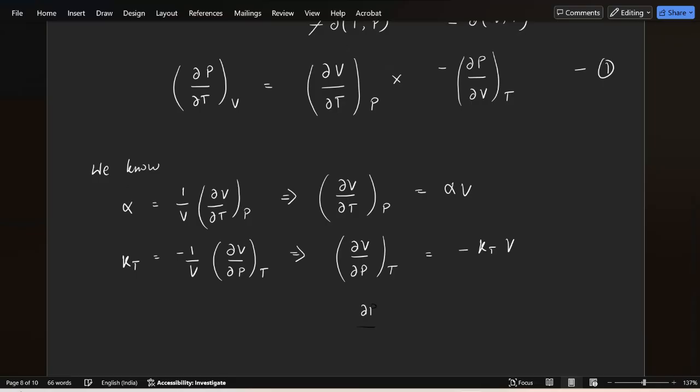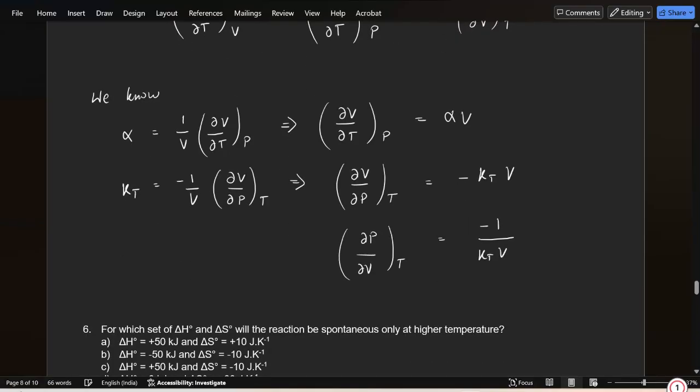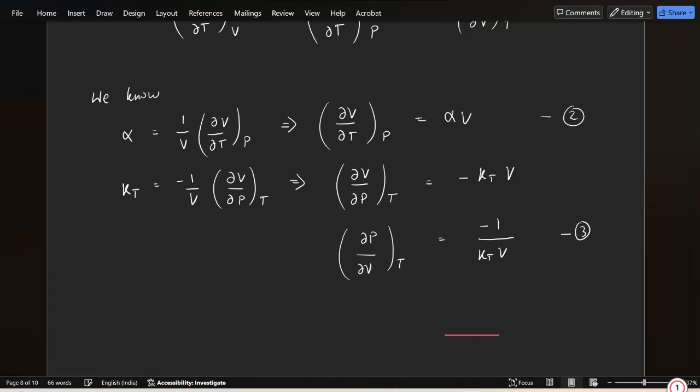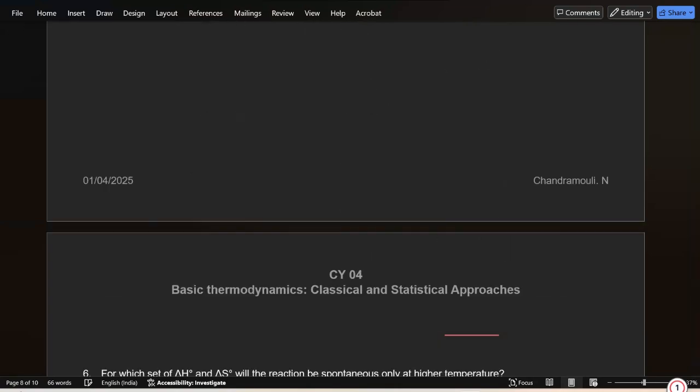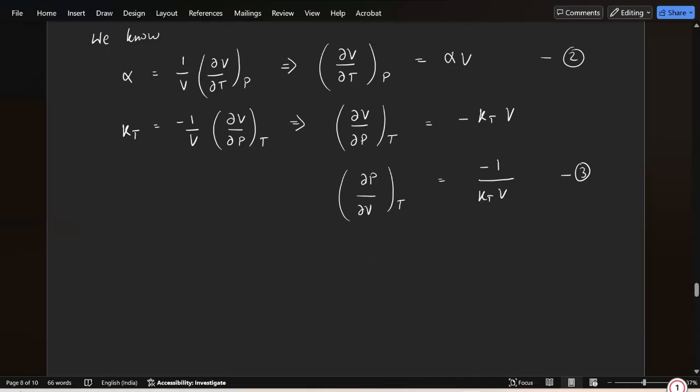Del P by del V at constant temperature is equal to minus 1 by KT V. So we have these two things. I'll write this as 2 and this as 3. We'll substitute 2 and 3 in 1.